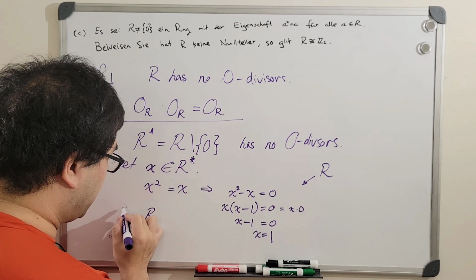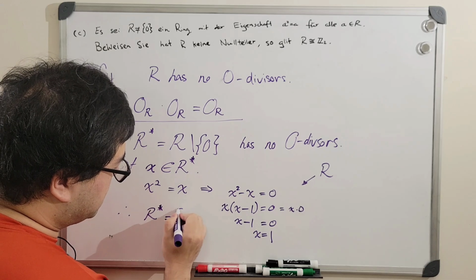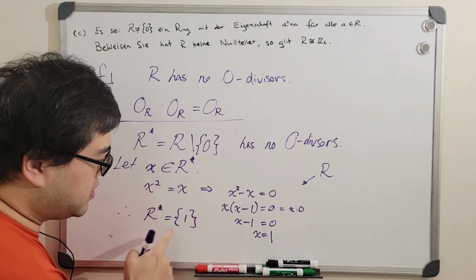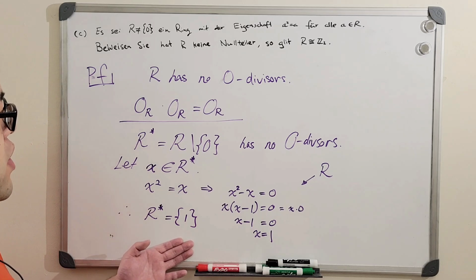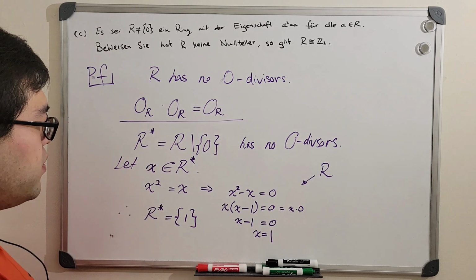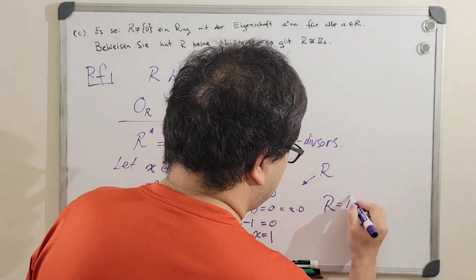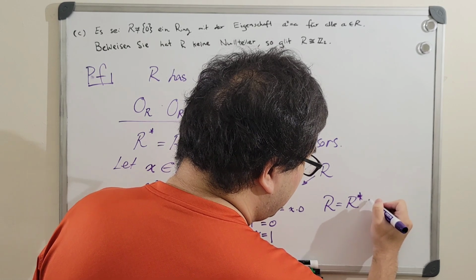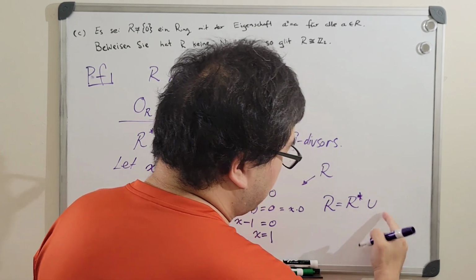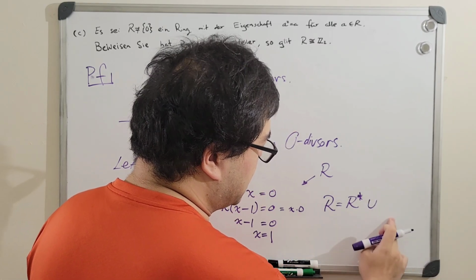So in other words, we can conclude that R star is just the subset that contains 1, where 1 again is the multiplicative identity. Now combine it back with this ring, which is equal to, again, this, not just a union, but you can see that these two are disjoint.